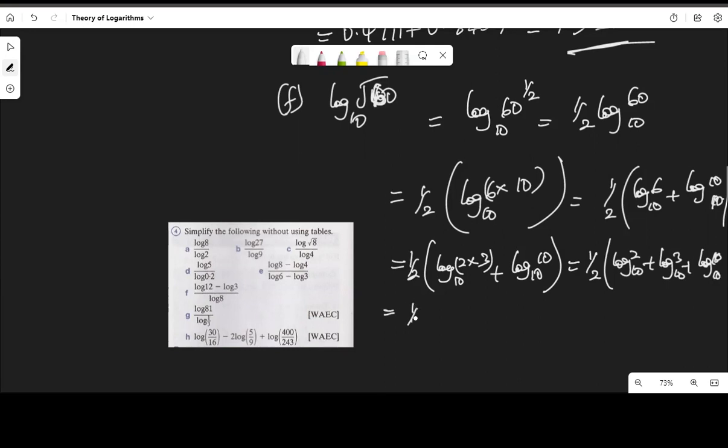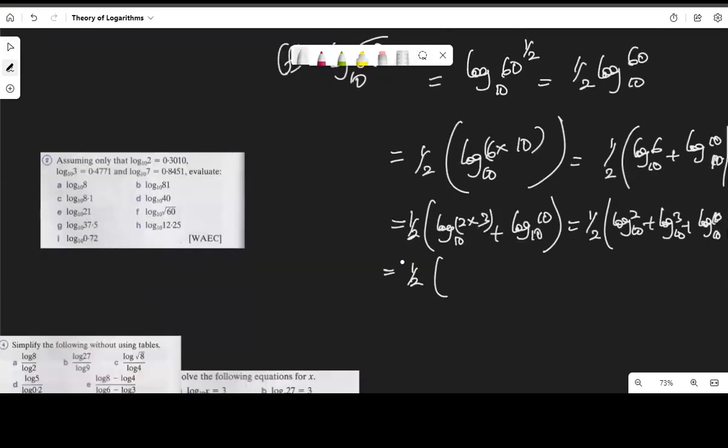And that will be half multiplied by log 2 to base 10, which is 0.3010, plus log 3 to base 10, which is 0.4771, plus log 10 to base 10, which is 1.